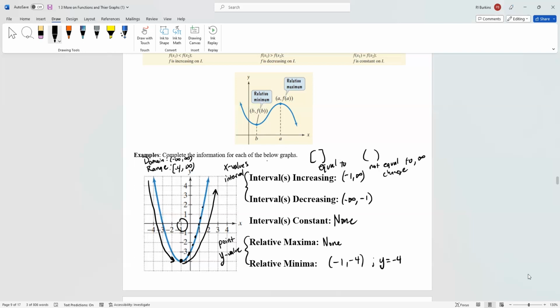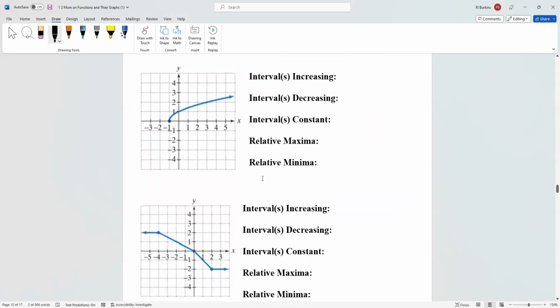All right, let's continue on. So we have this function here. Now this function begins at -1. There is nothing beyond that in the x direction. And it continues on for infinity. So we could say our domain, the values that x can be, are, bracket, we can equal -1, and we go on forever to infinity.